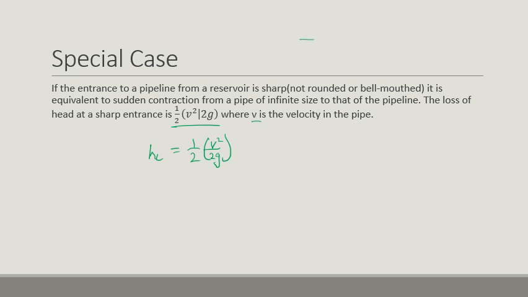Basically, as we can see in the diagram, when the reservoir discharges into a pipe, the head loss is this, and that is the special case in the case of sudden contraction.